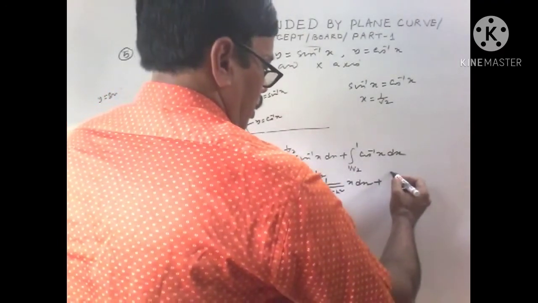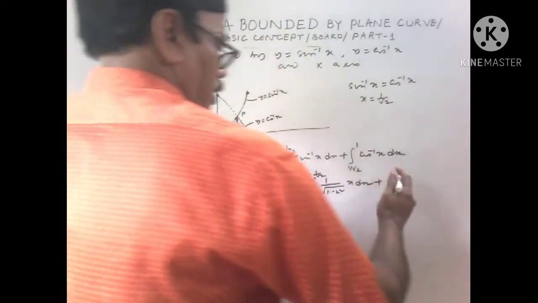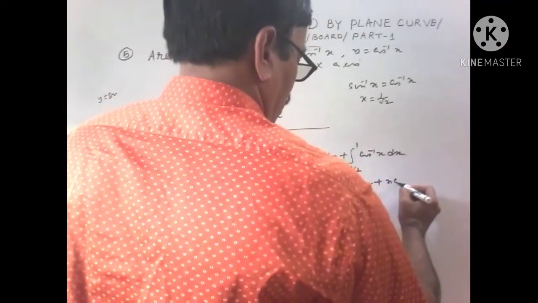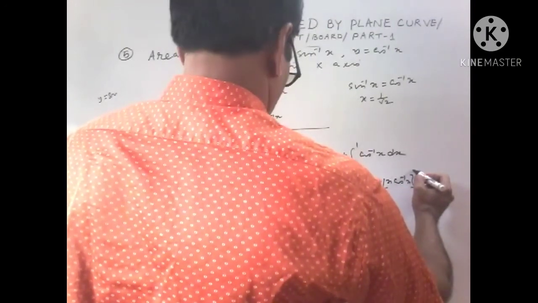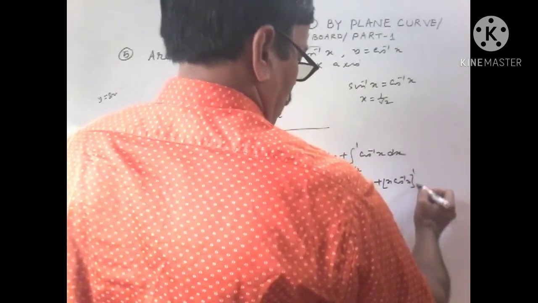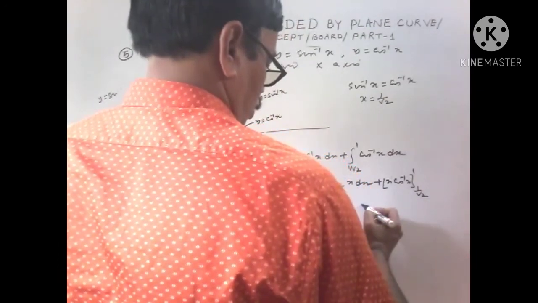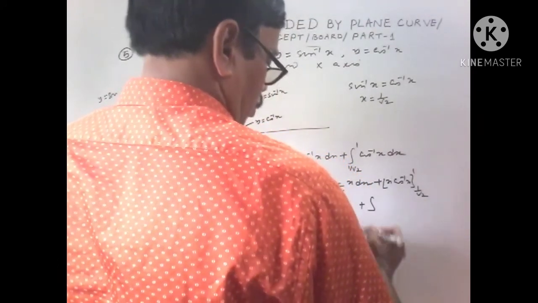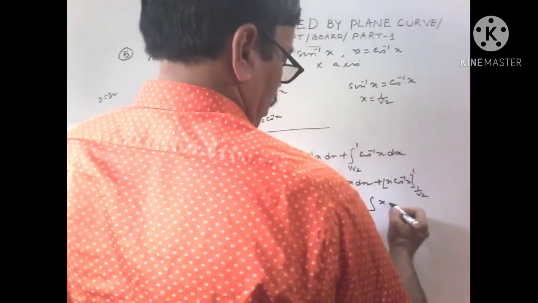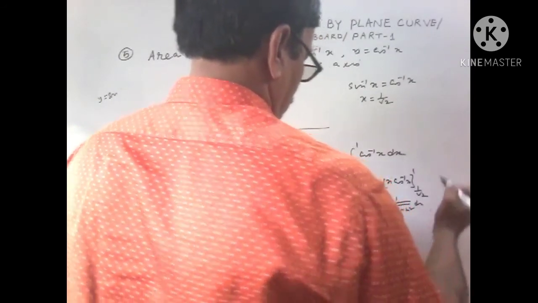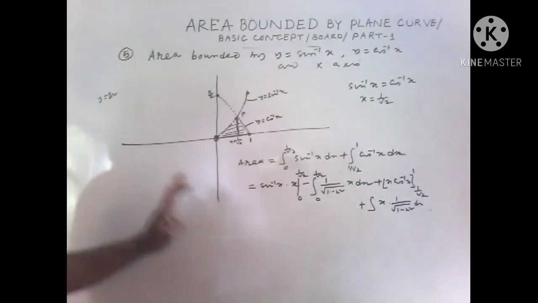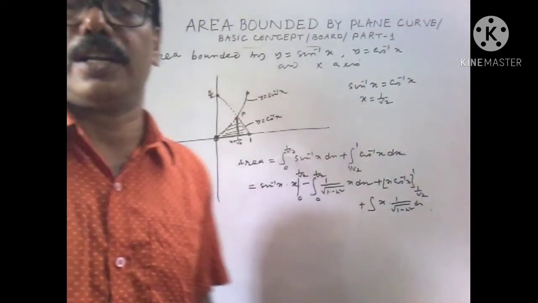Similarly for the second one, x into cos inverse x from 1 by root 2 to 1, plus x by root under 1 minus x square dx. So integrate and you get the area.